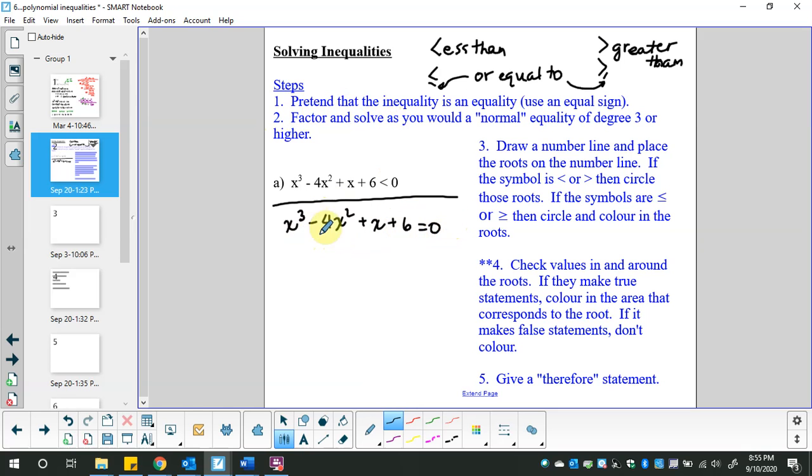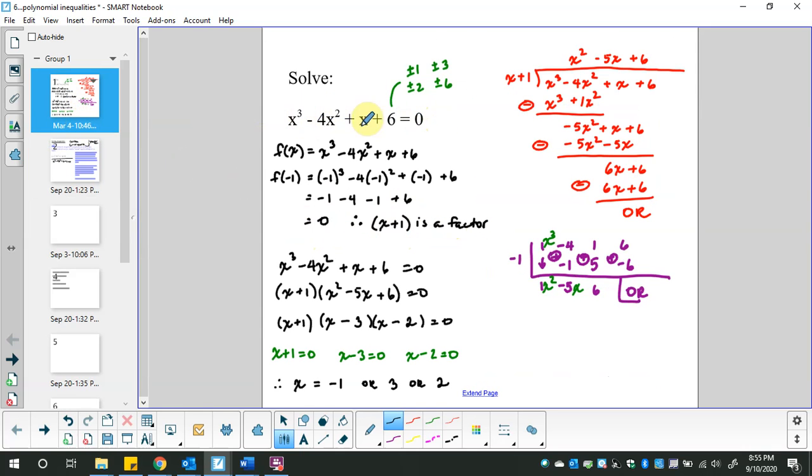Now I'm kind of hoping you're looking at this question right here, and it reminds you an awful lot of this question right here. In fact, it really is, because all this work I had you do in the warm-up is exactly what you would need to do for step two and find x equals -1 or 3 or 2.